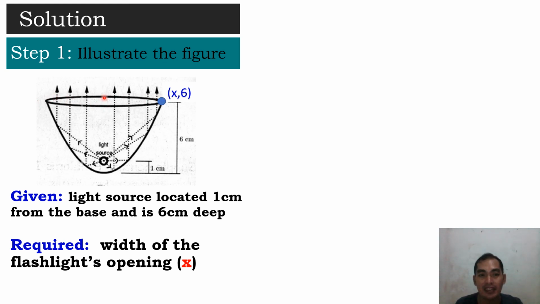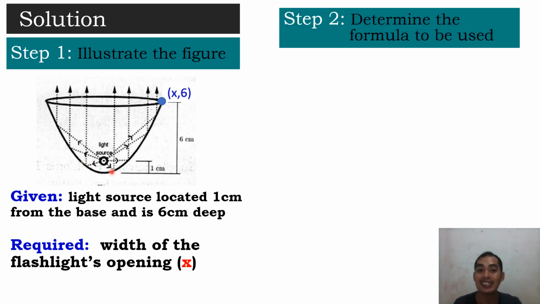Meaning, if may center tayo, to the right and to the left, i-multiply yun sa 2 kasi dalawa. Kasi ang computation nito ay nasa gitna lang. So, tingnan natin, ano ang formulang gagamitin natin? Of course, x squared equals 4py kasi itong vertex, i-assume natin na nasa origin siya. Ilalagay natin siya sa Cartesian coordinate plane wherein the vertex touches the origin.